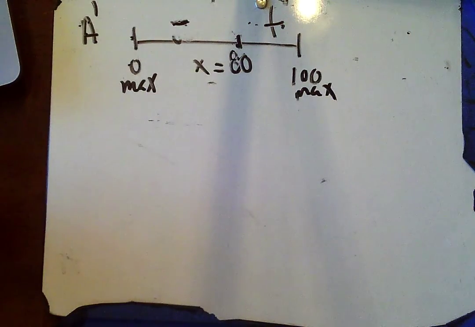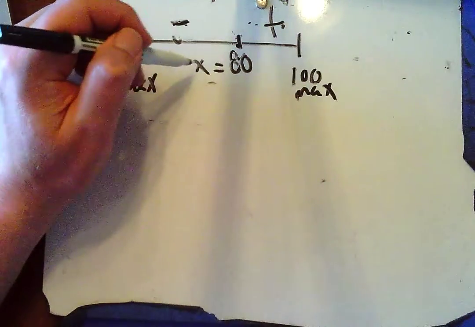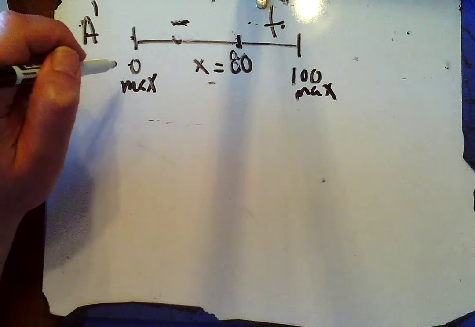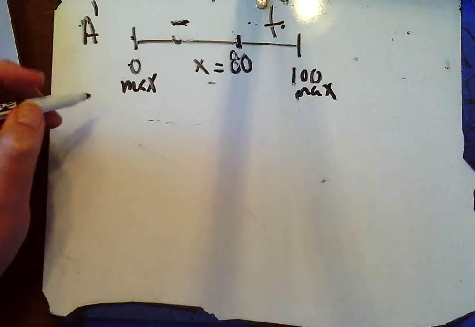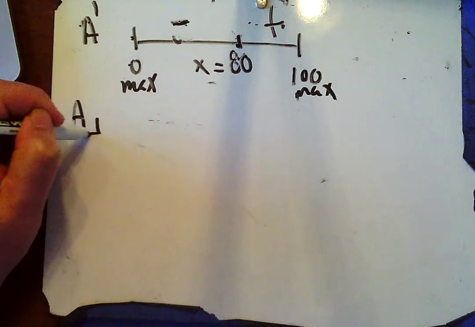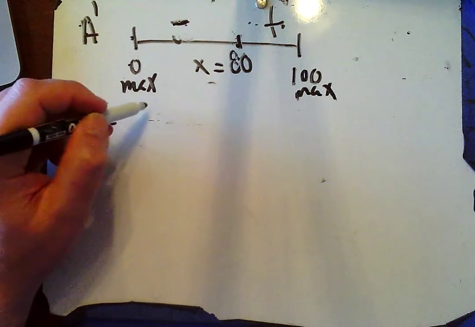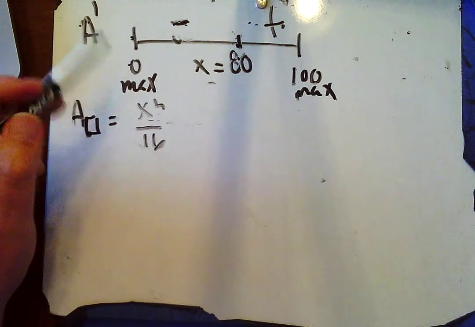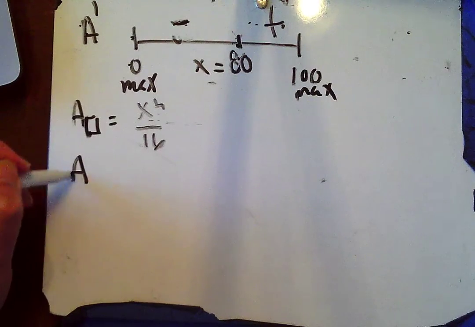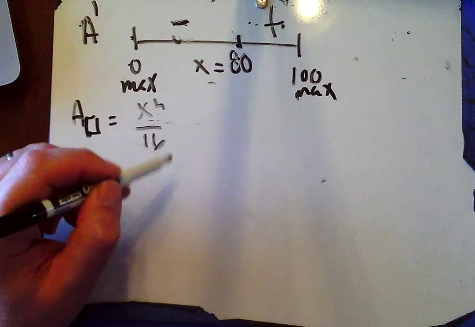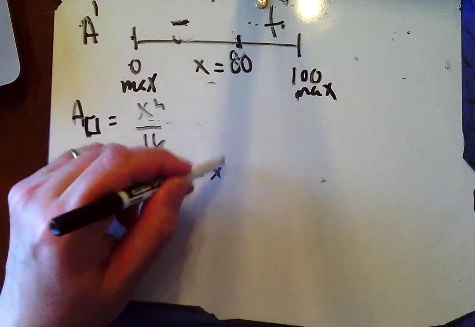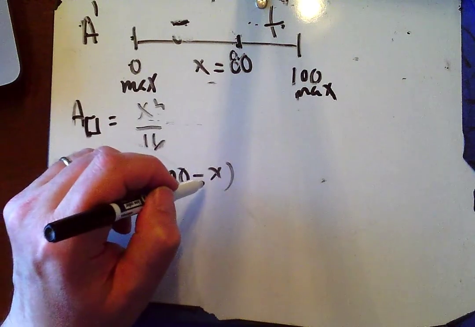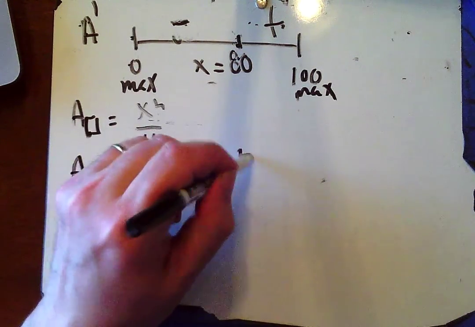Okay, so I need to figure out which of these is the absolute max. Remember, x was what we were putting in for the square, okay? And we had the area of the square was x squared over 16, as I recall. And the area of the circle, what was that? 100 minus x over 2 pi, squared.